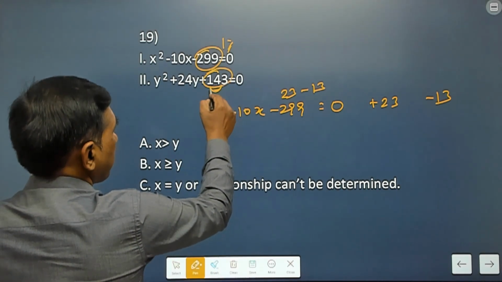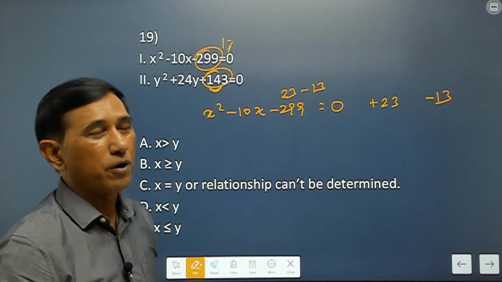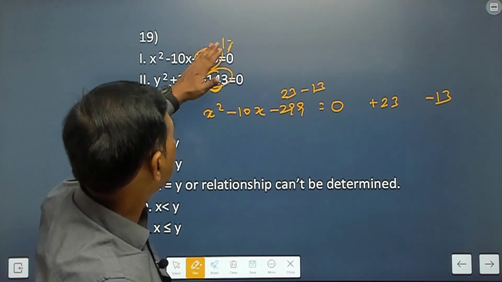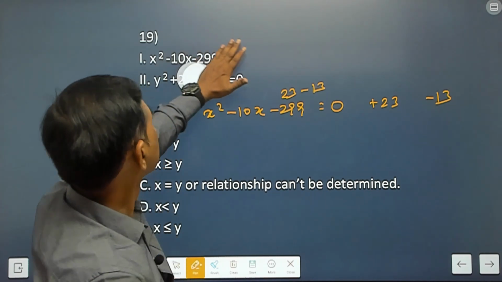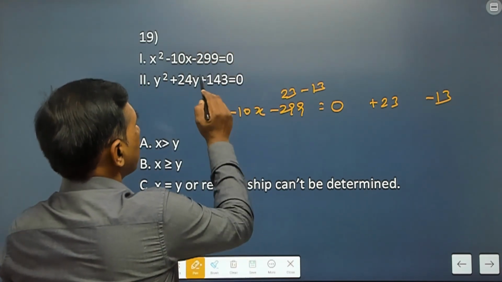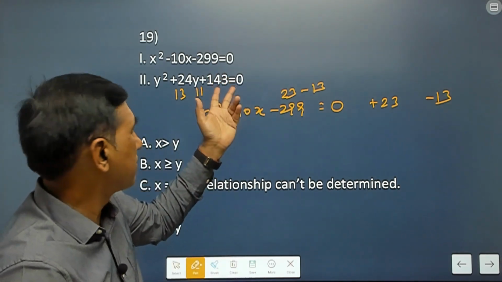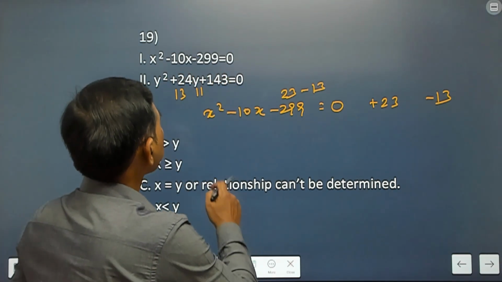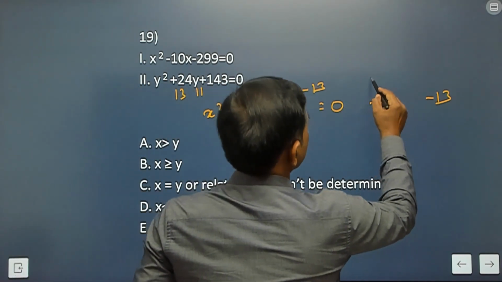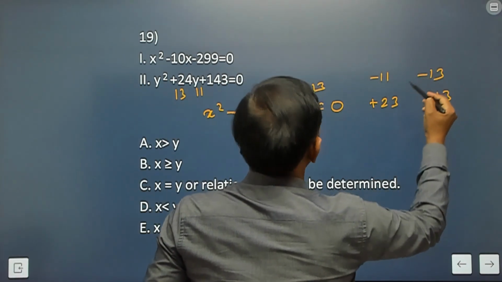Here 143 is a multiple of 11. So prime is 11. So I'll just check if 13 and 11 give 143. Yes, it is giving. So here the roots are minus 13 and minus 11.